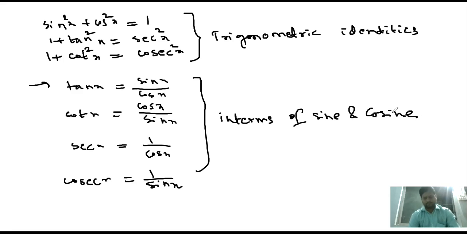By using this knowledge, that is trigonometric identities, these definitions and the coordinates, we can solve some examples.